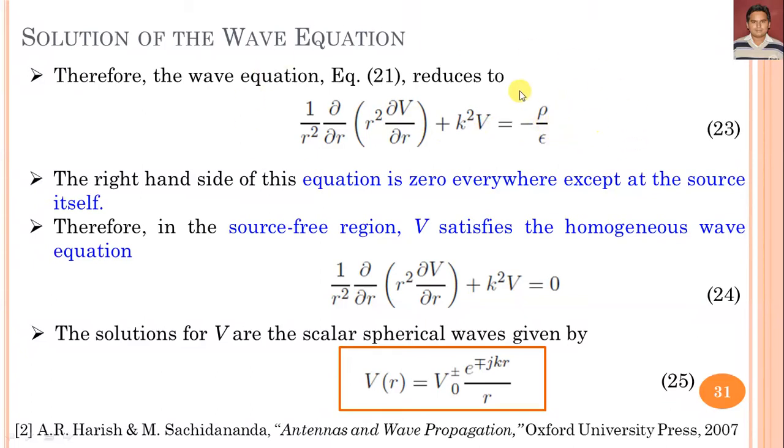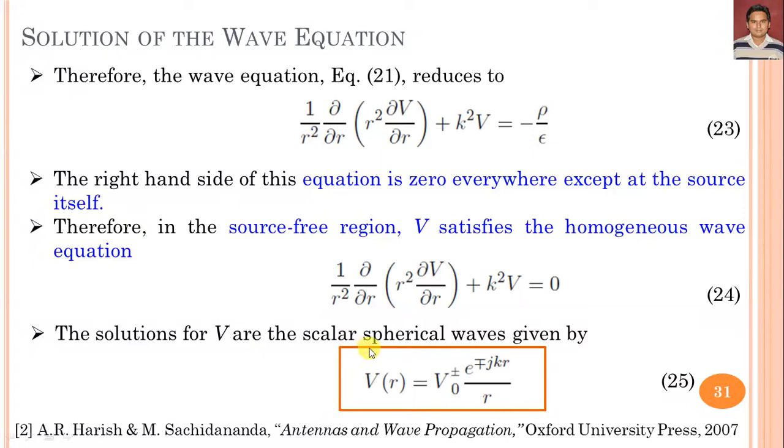Here you can see the right hand side of the equation is 0 everywhere except at the source itself. So we are considering the right hand side of equation 23 to be 0, and this equation becomes equation 24.